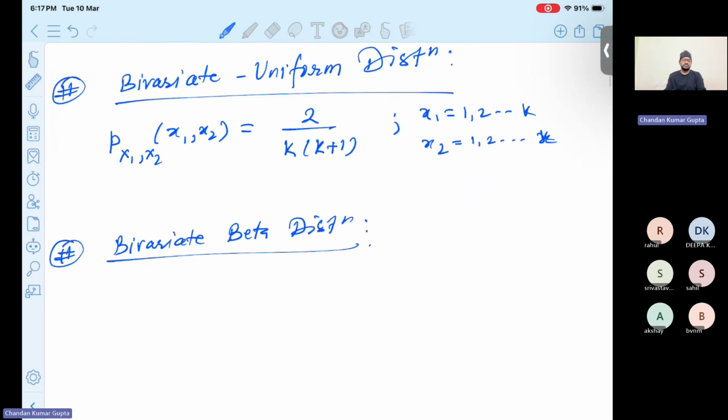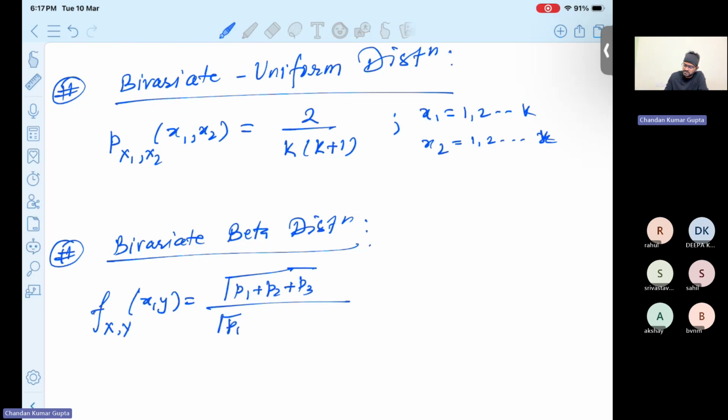So the bivariate beta distribution is like gamma of P1 plus P2 plus P3 divided by gamma P1, gamma P2, gamma P3.